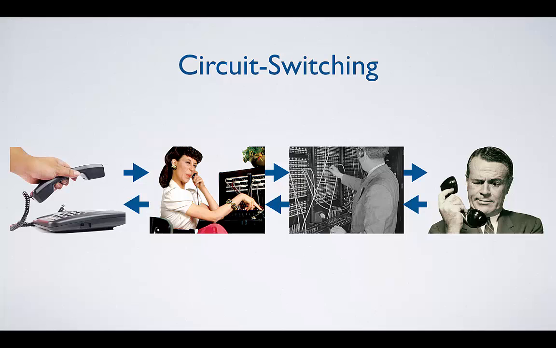It was dedicated to your conversation. And when you spoke, all the information, all the electrons that represented your voice traveled in sequence down the same fixed path to the person you called. And when that person spoke, all of their information traveled down the return path back to you.